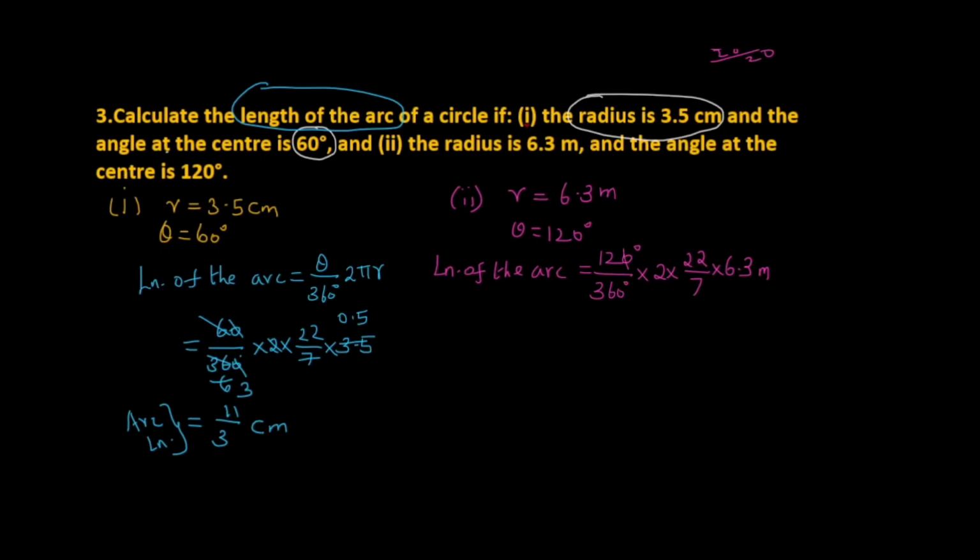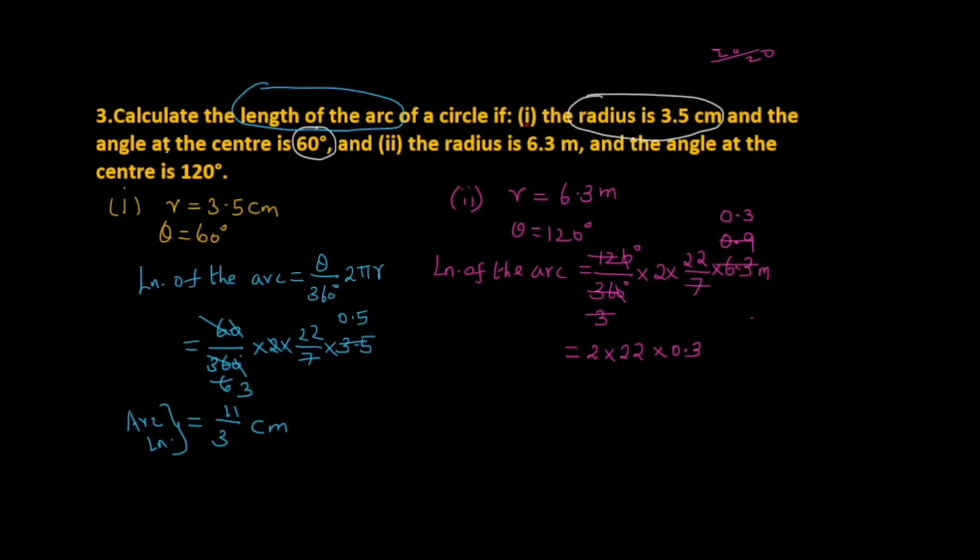Once again, the zeros cancel, 12 can cancel 36 three times, and 7 can cancel 63: 7 9s are 63, so 6.3 becomes 0.9. Once again we can cancel 3 and 0.9, 0.3 times. So the rest of the numbers we have here are 2 into 22 into 0.3.